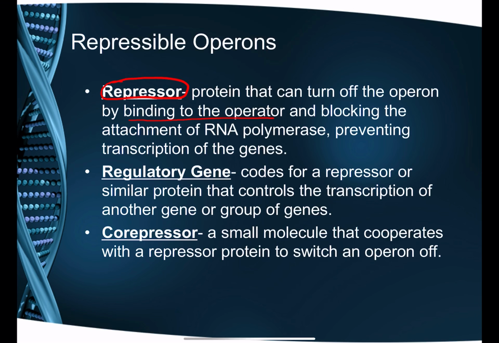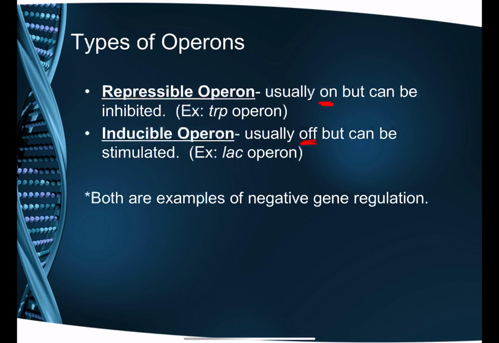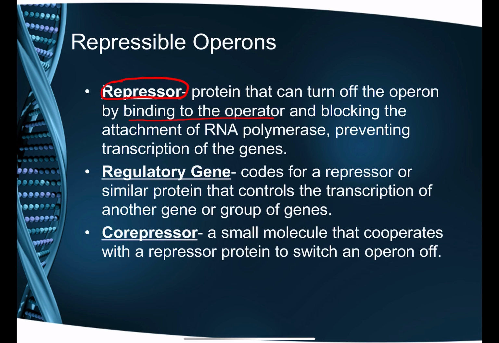And so transcription will be blocked. The genes will not be made, okay? Again, repressible means that they're usually on, but it's going to inhibit them. So the repressor binds to the operator and blocks the transcription, turning that transcription of those genes off, okay?